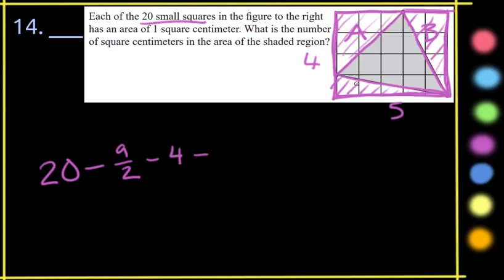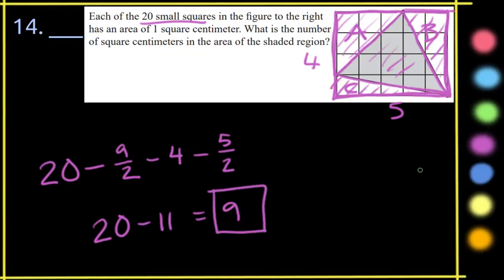And triangle C here is going to have 5 times 1 divided by 2, that's 5 halves. So how many halves do I have altogether? This will be 8, and 9 is 17, and 5 is 22 halves, which is 11. So I have 20 minus 11, and that gives me 9 for the area that's remaining, and that will be the area of my triangle. 9 is my final answer there.